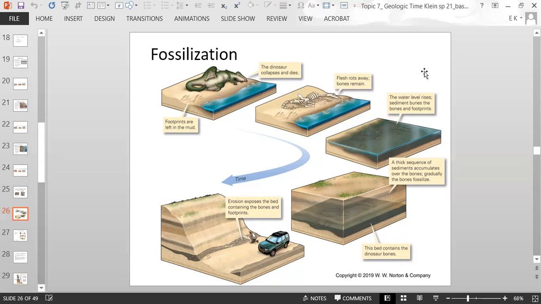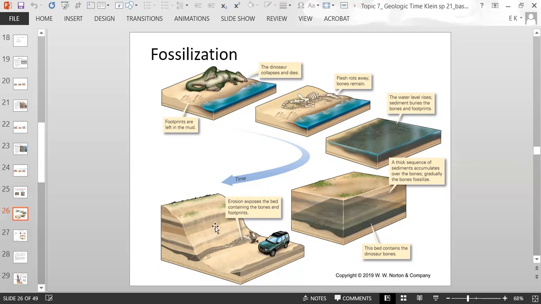And then let's say the water level rises and new sediment is deposited on top of the dinosaur bones and the footprint. And then eventually you get more sediment layers deposited on top. Gradually the bones fossilize.